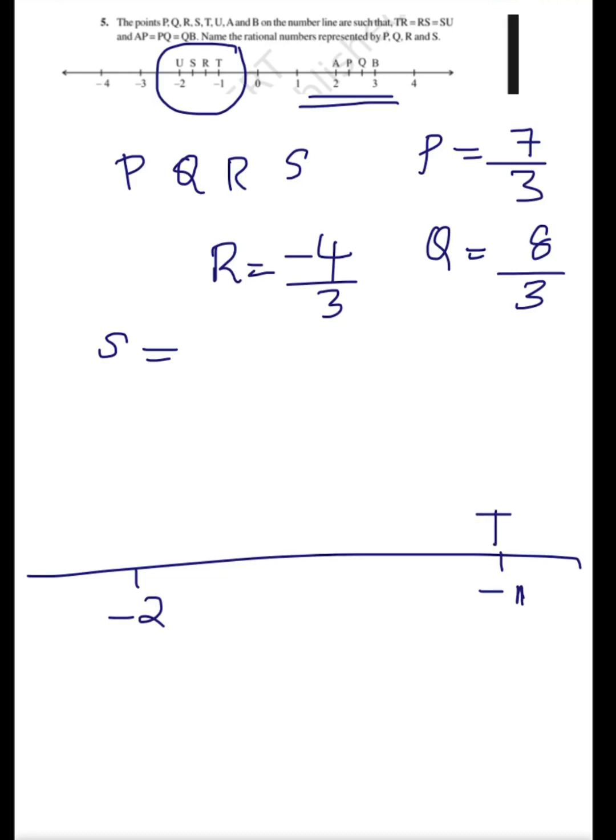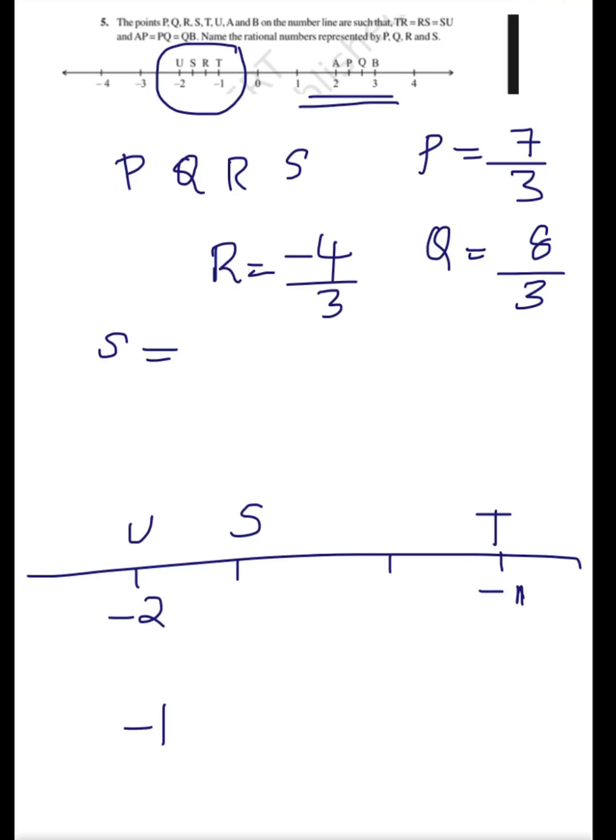Since it is between -1 and -2, you need to write -1 first. Why? Because -1 is near to 0. You should always write the number which is near to 0. So in between -1 and -2, you are writing -1.